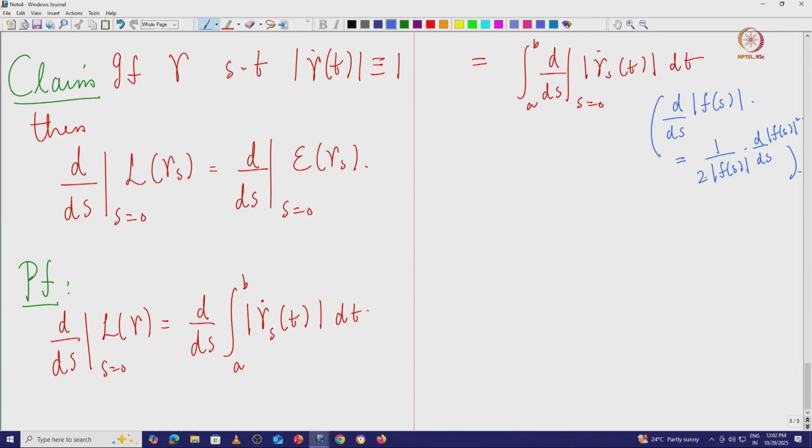This is of course elementary from the chain rule, but applying this we basically get the integral from a to b of d by ds at s equals 0, we get 1 by 2 gamma s dot of t, and you plug in s equals 0, times d by ds of the squared.